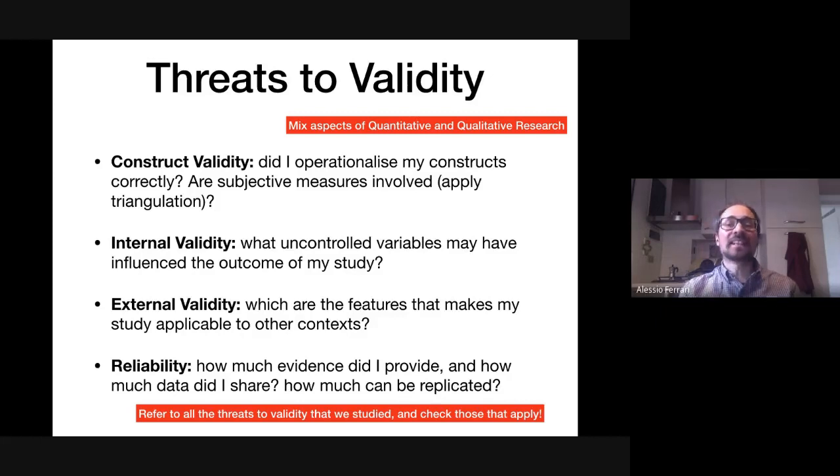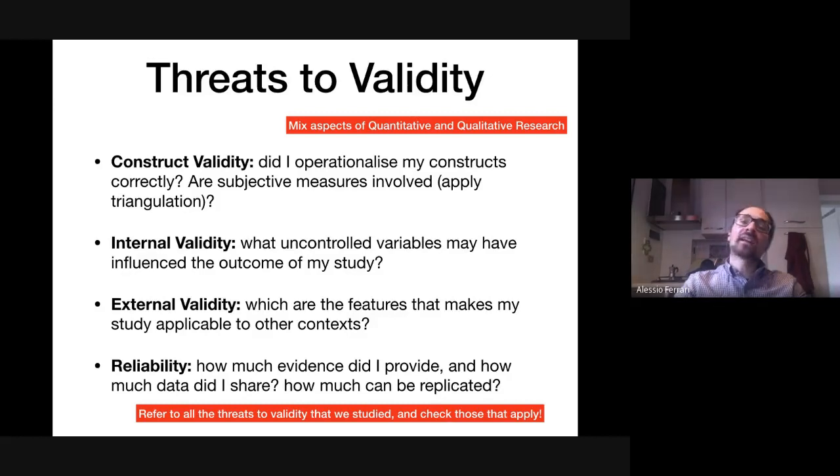So this link needs to be evident. And in addition, since I'm dealing also with quantitative analysis, I may have made some mistakes in the analysis. So I need to share also this data, for example, the requirements, and to argue to which extent these things can be replicated.